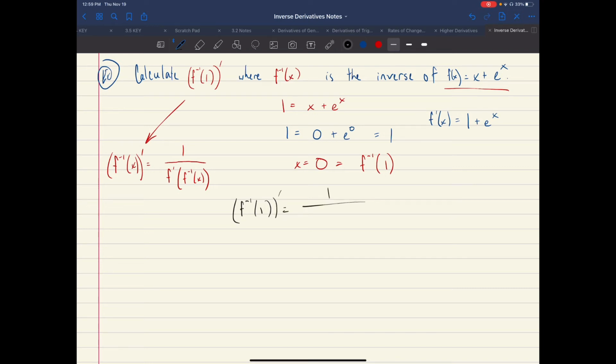So f prime is 1 plus e to the x, and f inverse of 1 was 0. So this is e to the 0. And then we just calculate, and that gives us a value of 1/2.